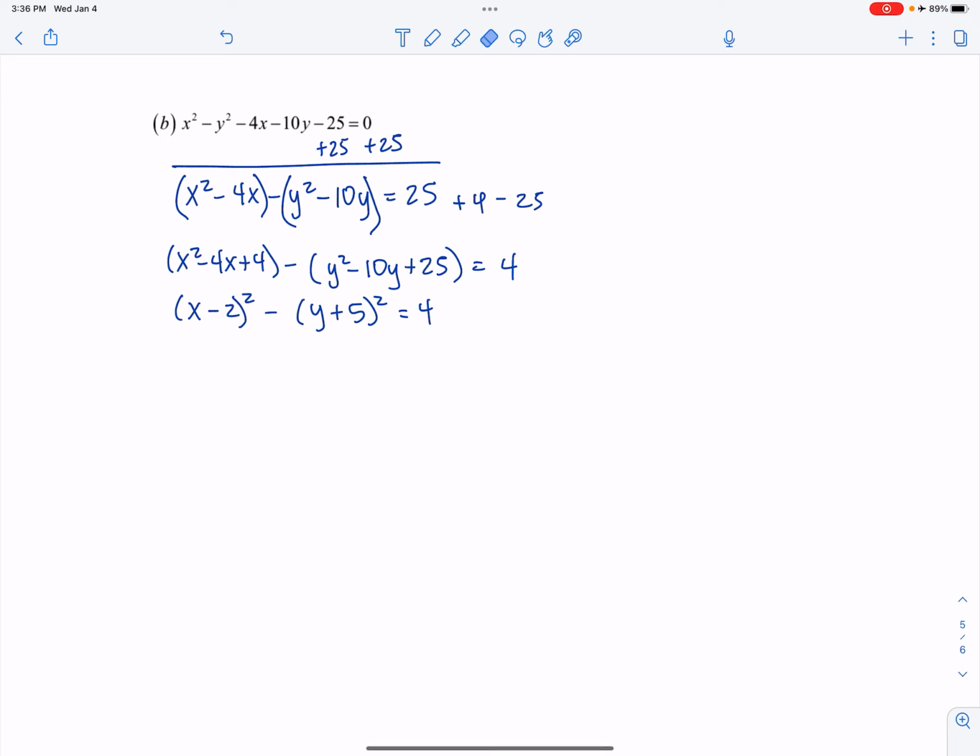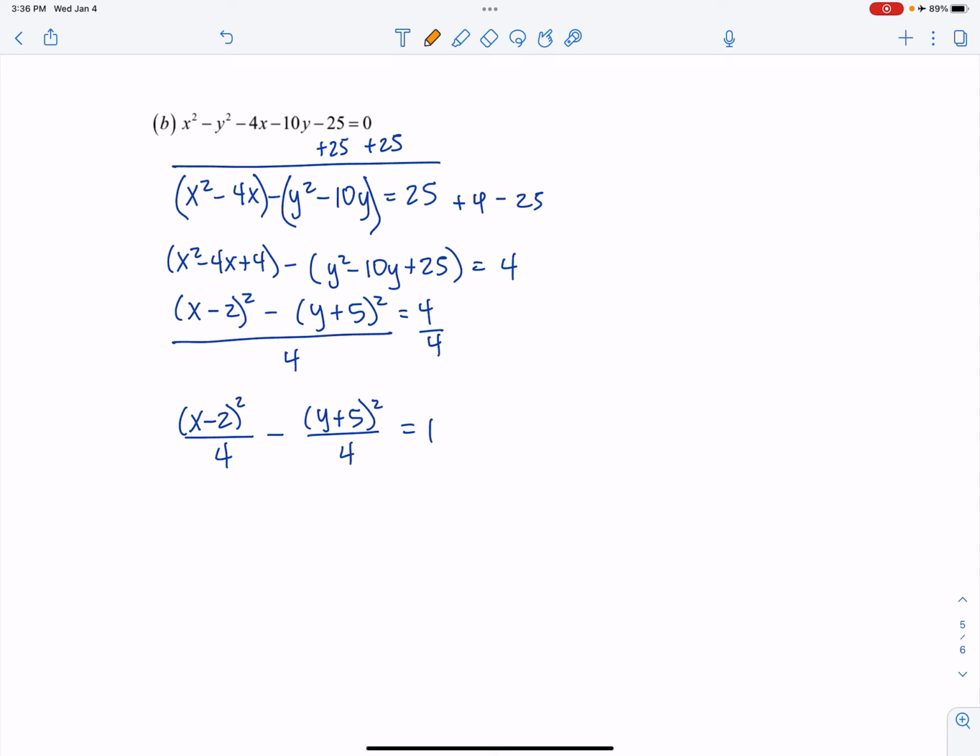If we divide everybody by 4, we get (x minus 2) squared over 4 minus (y plus 5) squared over 4 equals 1. And now we're in a familiar form.